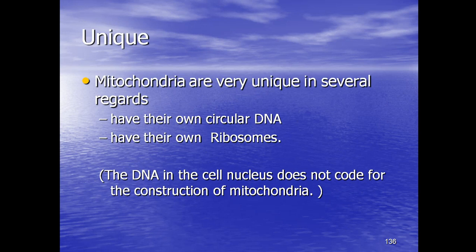So these mitochondria are very, very unique in several regards. The one thing is they have their own DNA, that is the circular DNA. They have their own ribosomes, that is the mitochondrial ribosome, the mitochondrial DNA.